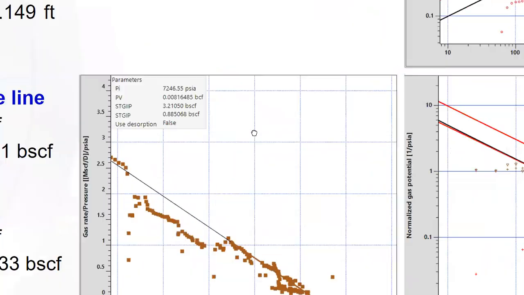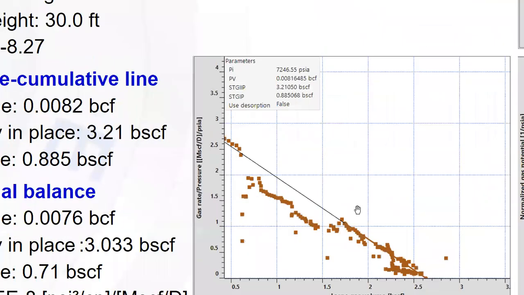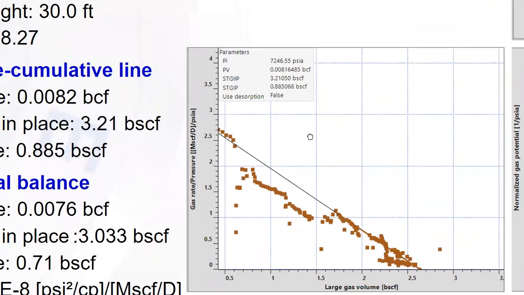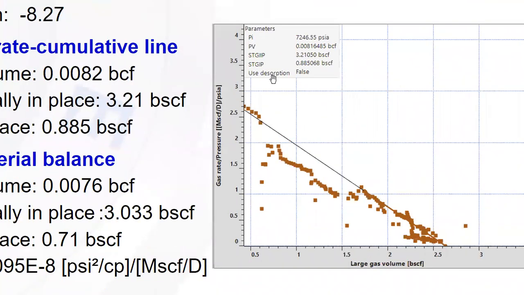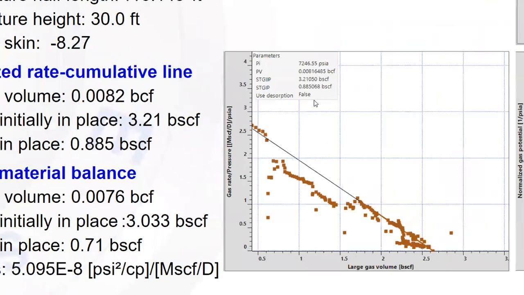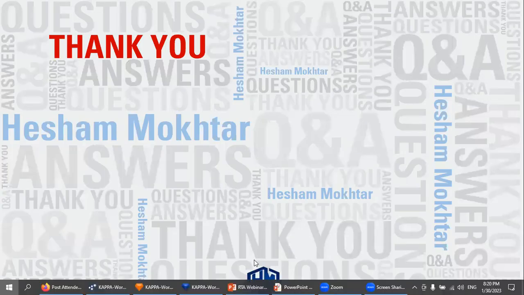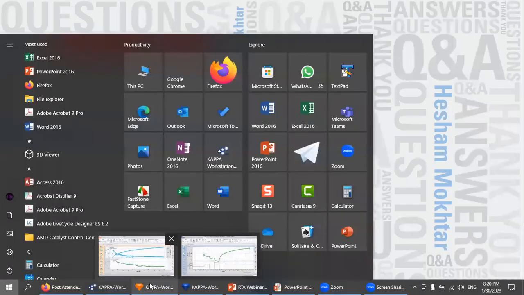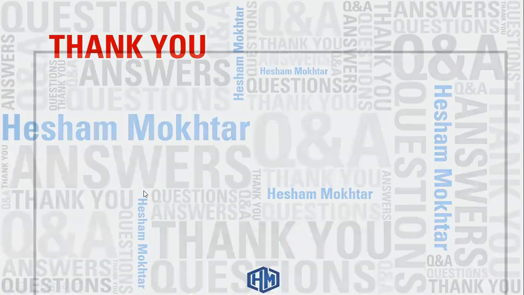For this one, we have what we call the normalized plot. As you can see, the x-axis intercept will be used to calculate the stock tank gas initially in place, 3.2 billion standard cubic feet.